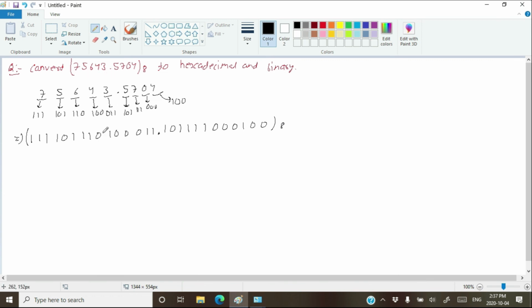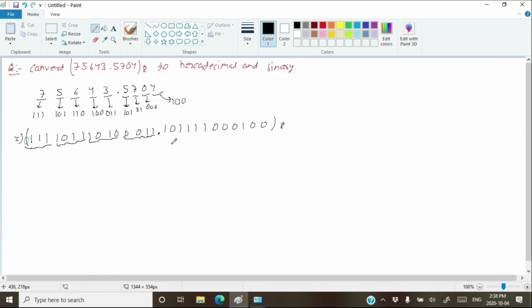Okay, now we have to convert this binary into hexadecimal number. So let's group the bits of the non-fractional part from right to left in the group size of 4 bits. So 1, 2, 3, 4, 1, 2, 3, 4, 1, 2, 3, 4, 1, 2, 3. So the last group has only 3 bits, that's why add 1 extra 0 to make the group size of 4 bits.